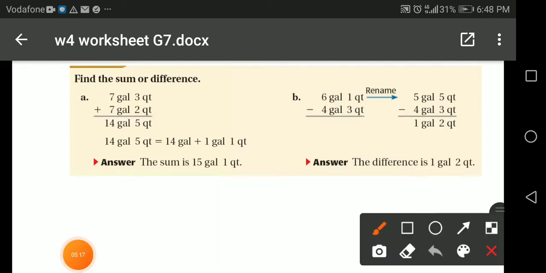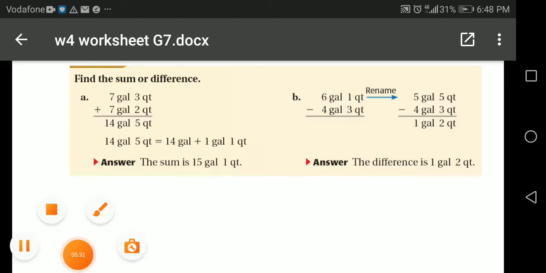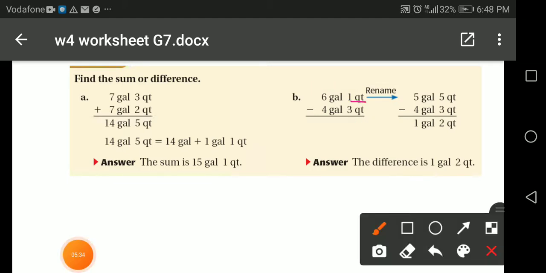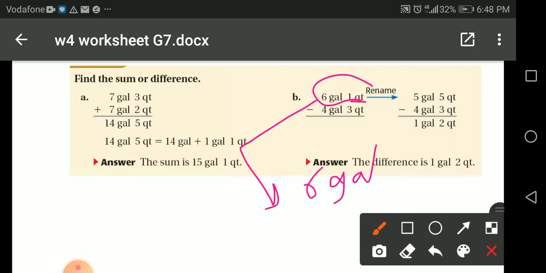Okay guys, this one is also easy. If I ask you to subtract 4 gallons 3 quarts from 6 gallons 1 quart, remember well, we have 1 quart and 3 quarts. How can I subtract 3 quarts from 1 quart? So I'm going to change something here: instead of 6 gallons and 1 quart, let it be 5 gallons.